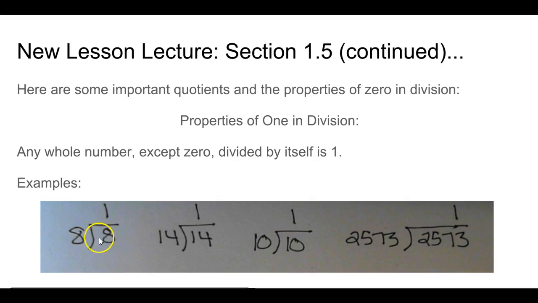So any whole number that's divided by itself, that is to say 8 divided by 8, will always equal 1. The second example, 14 divided by 14 is 1. 10 divided by 10 is 1.